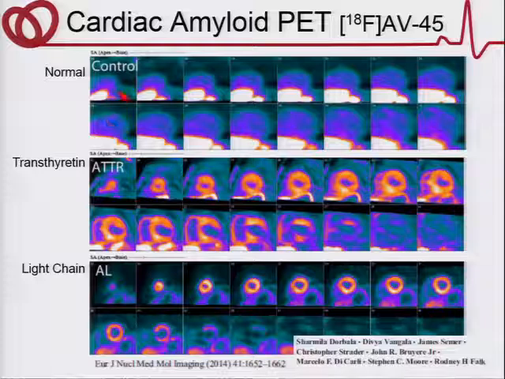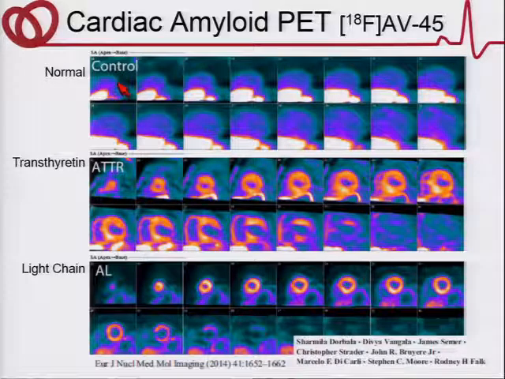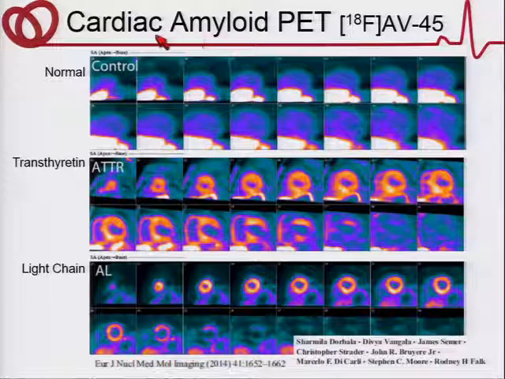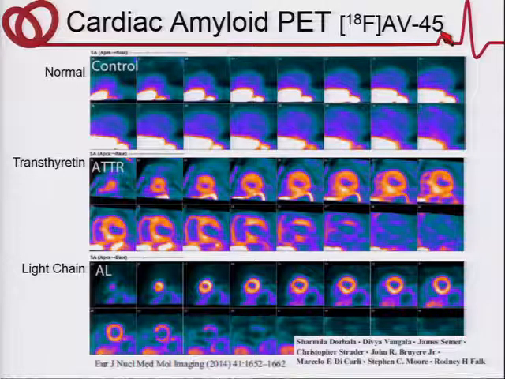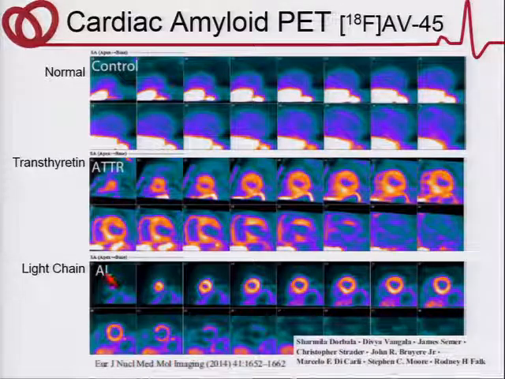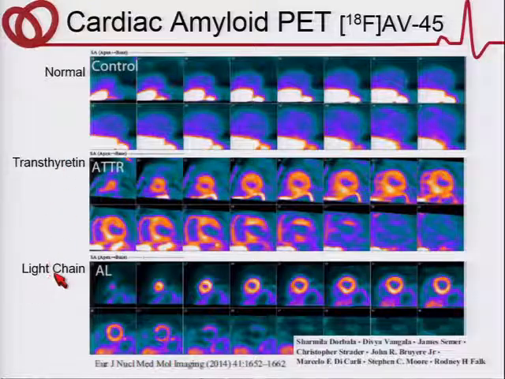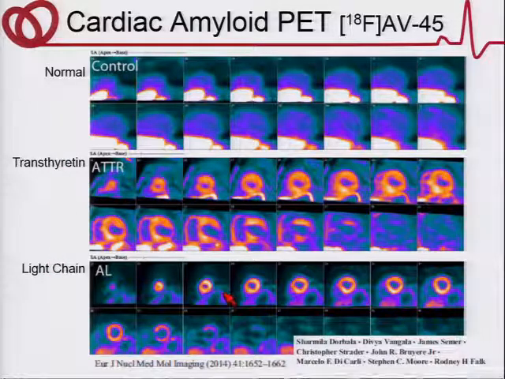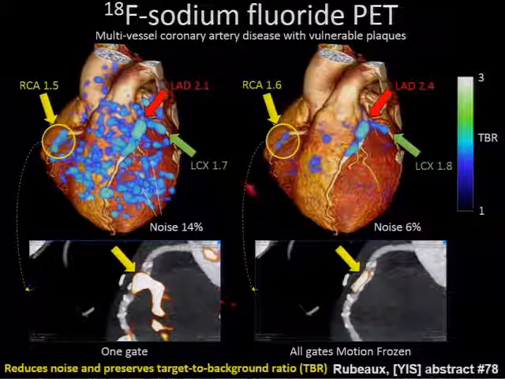And finally, I mentioned at the start, there is a selection of beta amyloid tracers developed for brain Alzheimer's imaging, but there are actually some cardiac amyloid applications potentially to help distinguish between different subtypes of amyloid that can have impact on patient therapies.